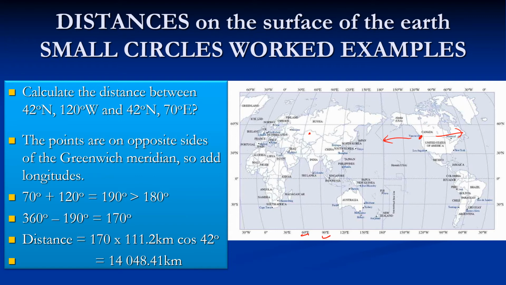So 70 plus 120 is 190 degrees. Now 190 degrees is greater than half a circle, which is 180 degrees. So it's going to be quicker to fly the other way, to cross the date line and do it that way. So we've travelled 170 degrees, and then we're just going to multiply that 170 degrees, which is our angular distance, by 111.2 kilometres, then put in the cosine 42.